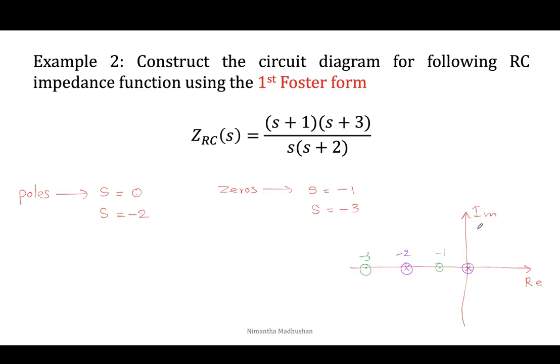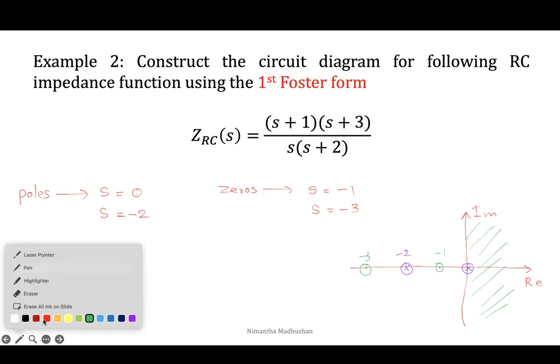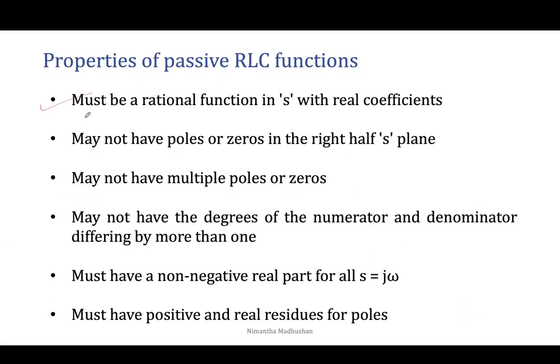This is the right half plane, the positive side of the real axis. You can see there are no poles or zeros in the right half plane. Then according to the second property, it is satisfied.